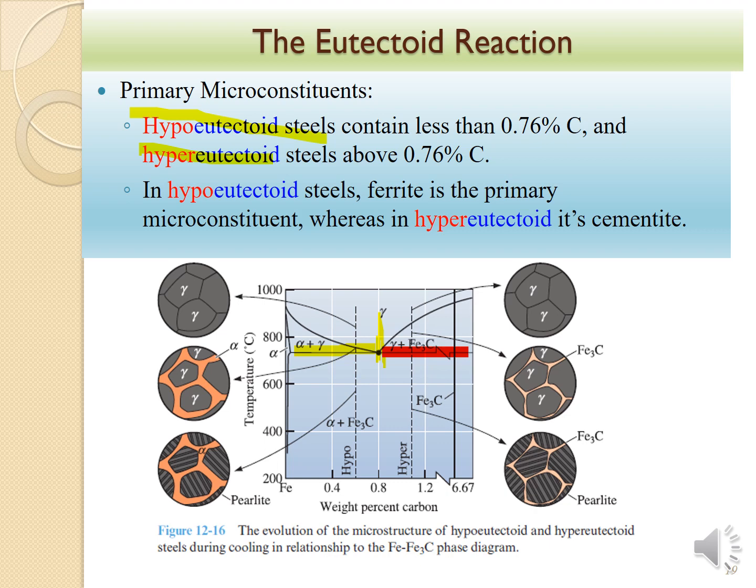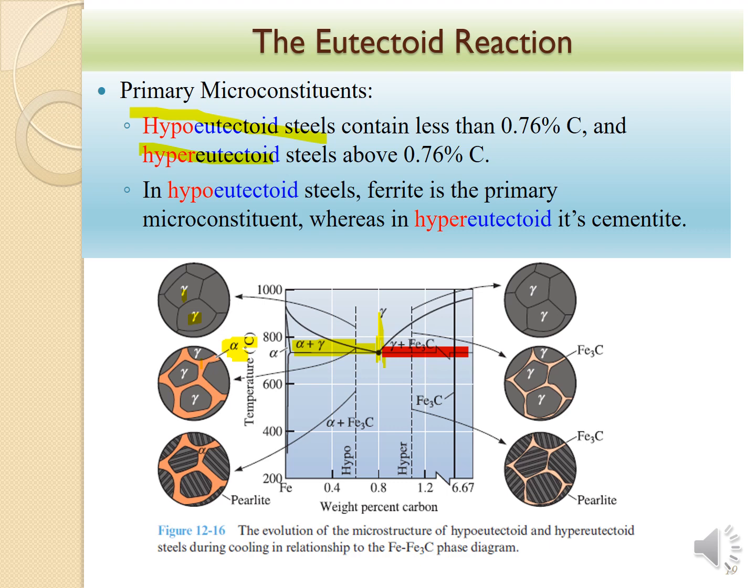For the hypoeutectoid steel, to the left of this eutectoid composition, we cool from the austenite region. We have all austenite first, and then we start to enter the austenite plus ferrite region. So ferrite starts to precipitate out from the austenite. This orange region represents the pro-eutectoid ferrite, the alpha phase.